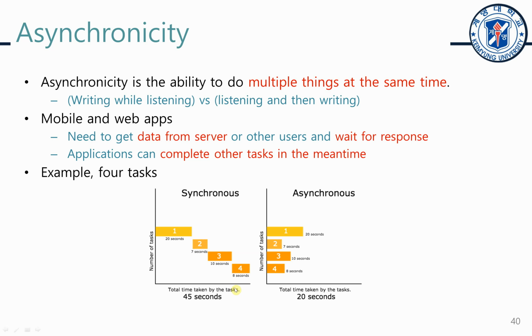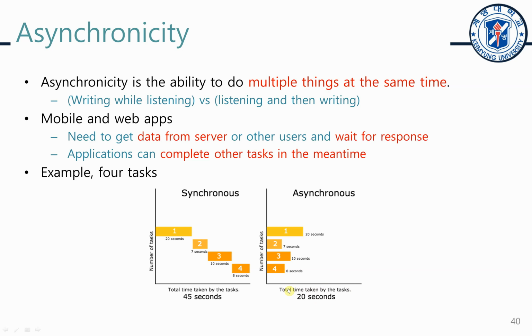However, if these tasks are not related to one another, that means if these tasks can be accomplished separately, then you can schedule them all together. While one task is executing, the other tasks can also be simultaneously executed, and it will take only about 20 seconds. So you made your program much faster.